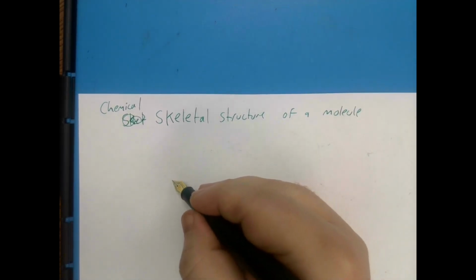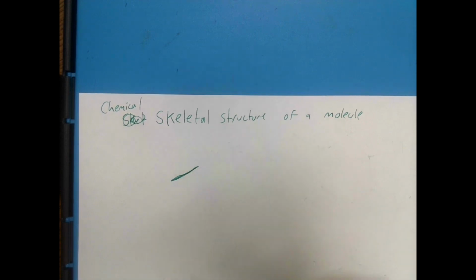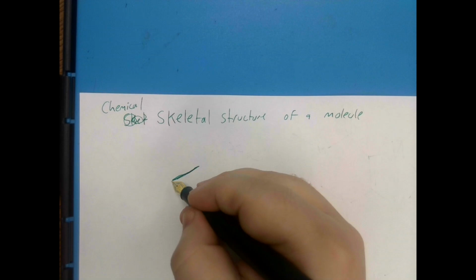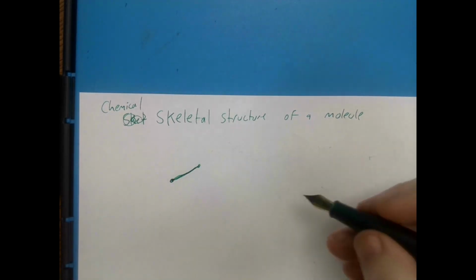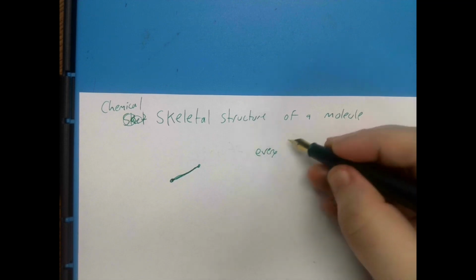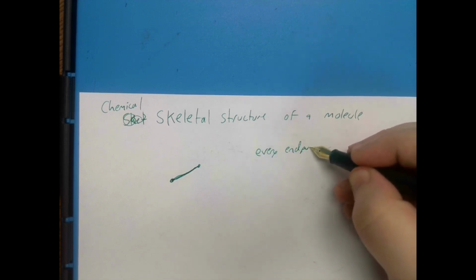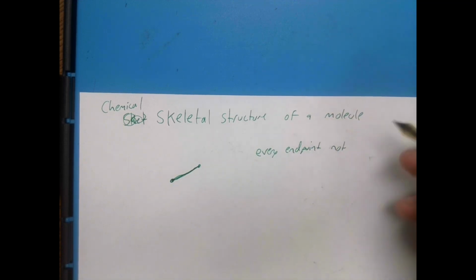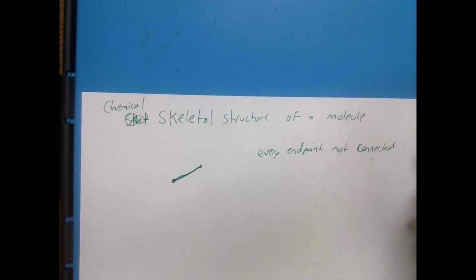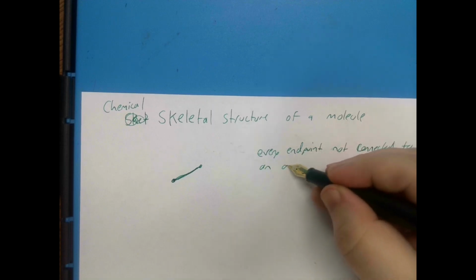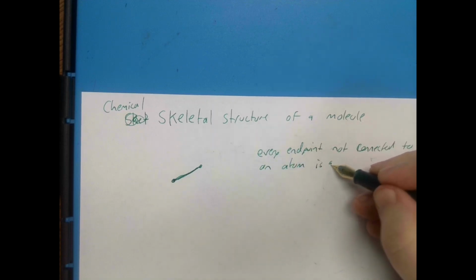Let's suppose we have a line segment. This is a molecule. Every endpoint that isn't connected to an atom is a carbon atom.